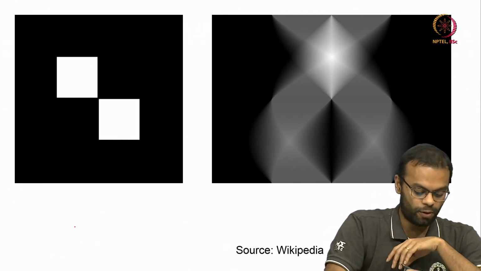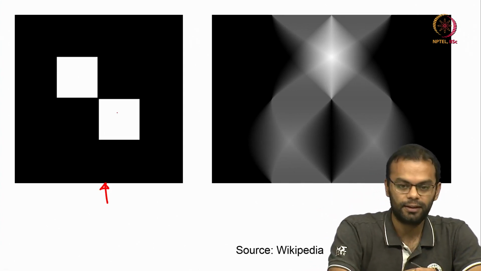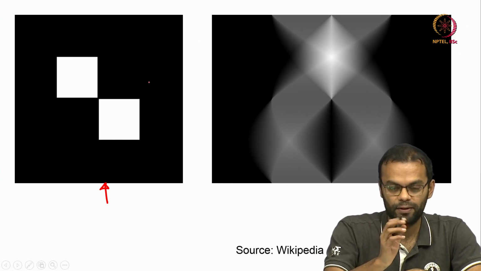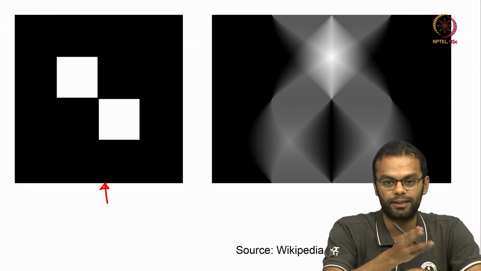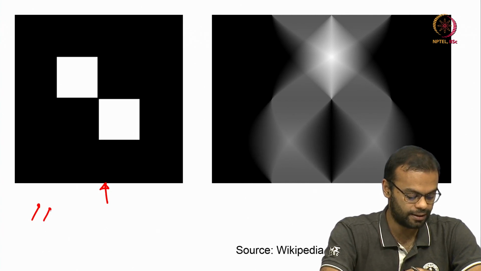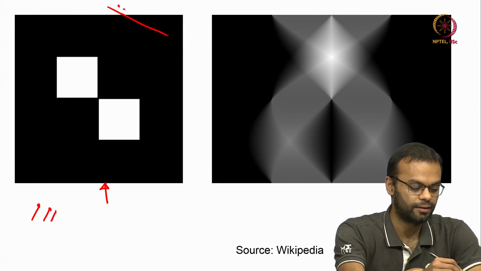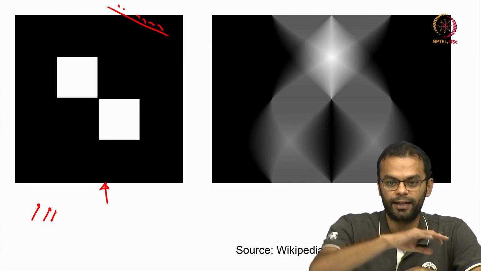So what we have here on the left is our actual function. Our function is non-zero inside the white squares and it is 0 everywhere else. So this is our cross section. Assume this is a highly cartoonized version of somebody's head and you are doing a cross sectional scan. You pass X-rays like this, you have a detector here and you measure, and you get an intensity distribution.